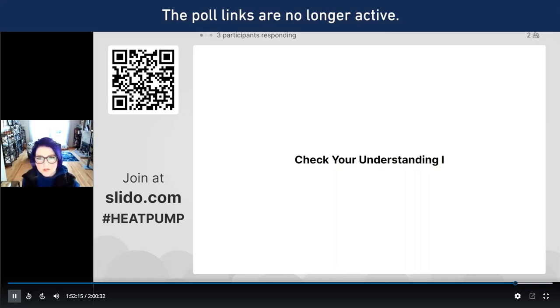Yeah, so there are going to be limits to how far your line set runs. That is all a design factor, depending on the space that you're installing that system in.